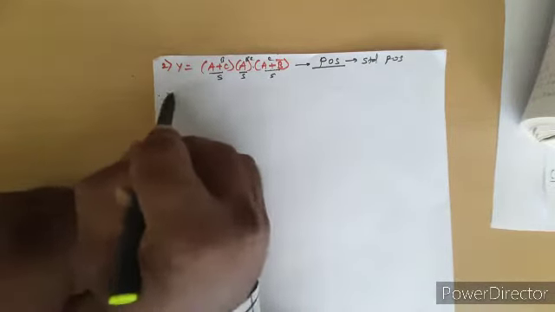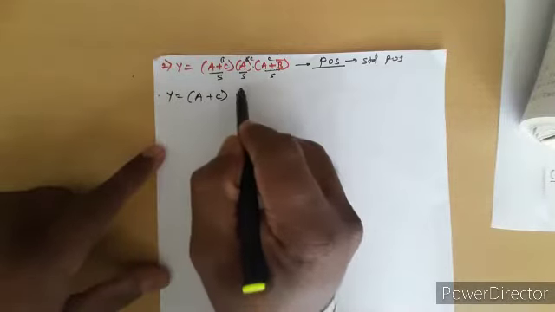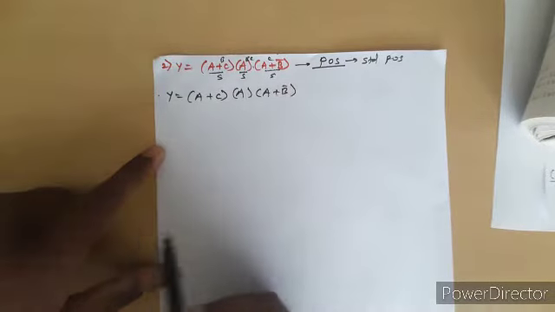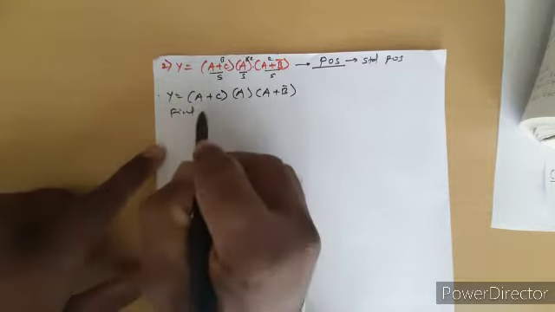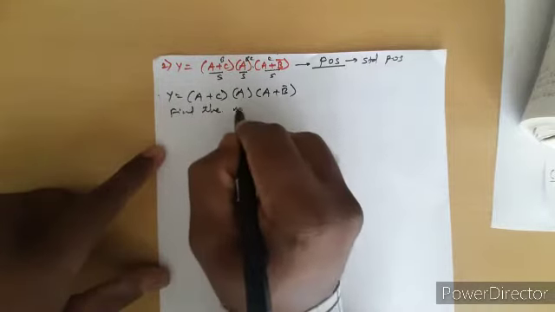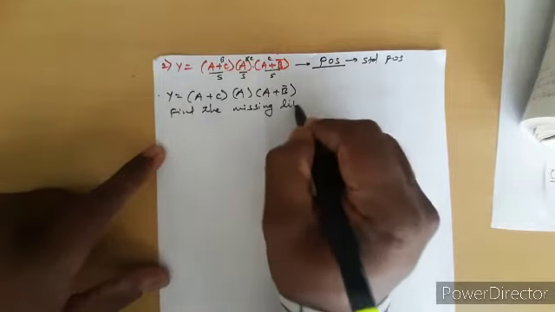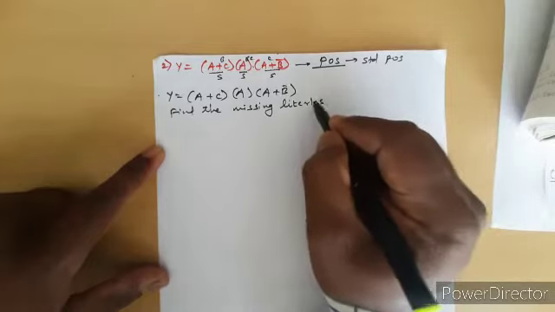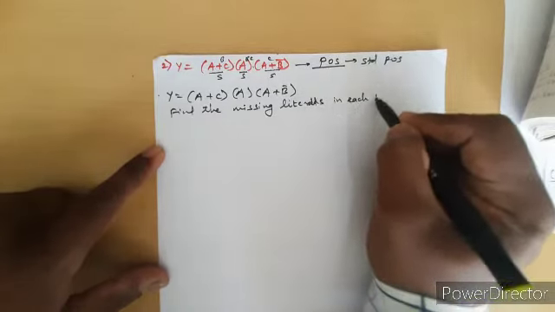So given equation y equals (a plus c)(a)(a plus b bar). Now find the missing literals in each term.